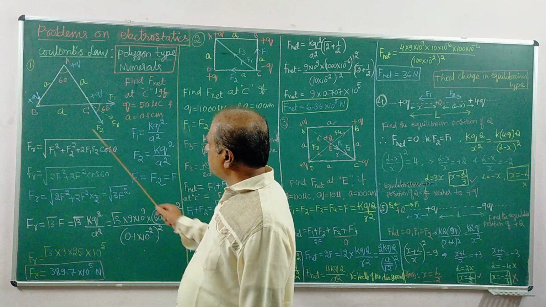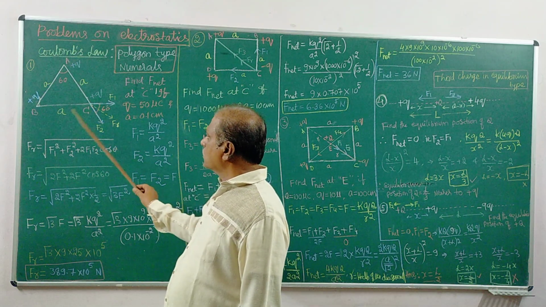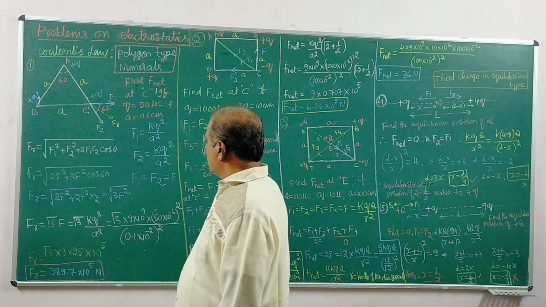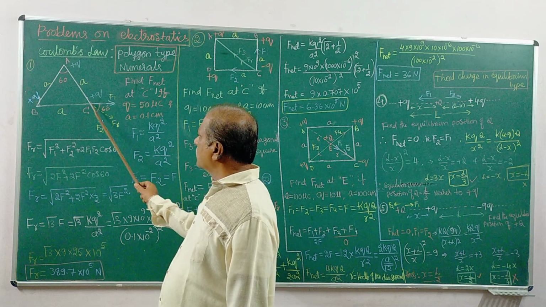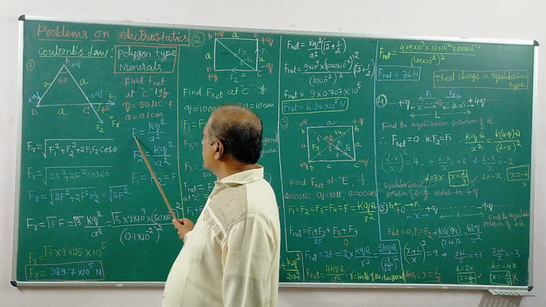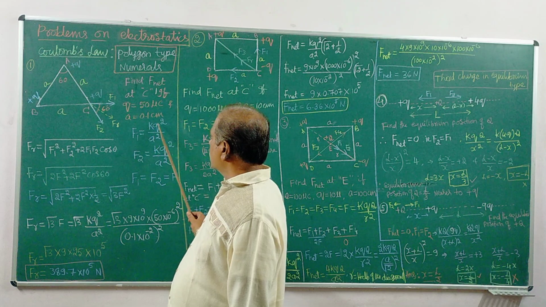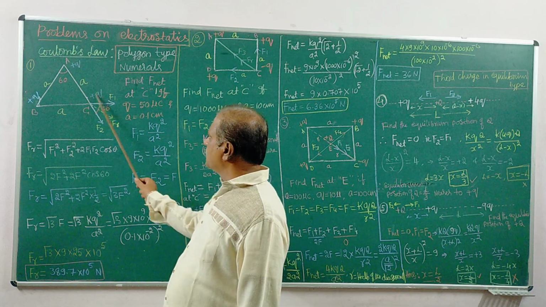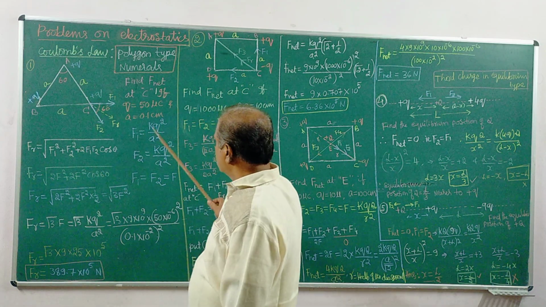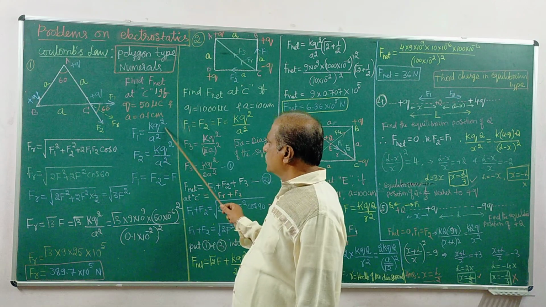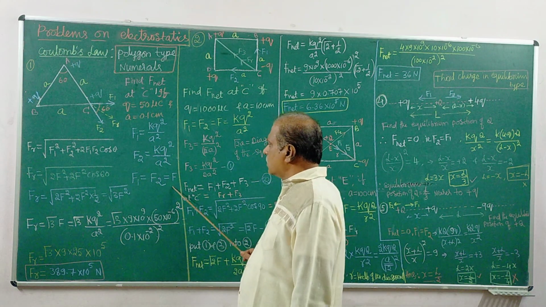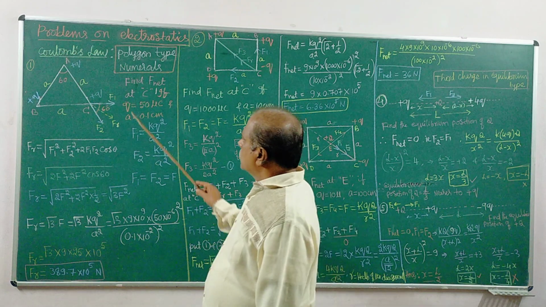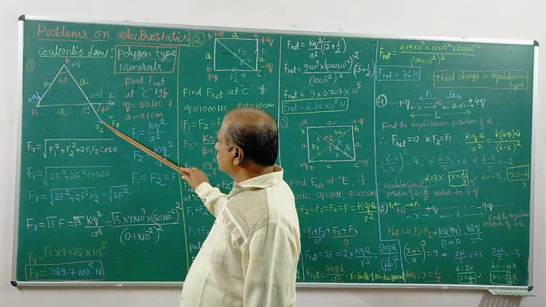The distance of separation is A, since all sides are the same. Similarly, the force of repulsion due to this one is F1, K Q square by A square, because same charges, same length. So F1 equals F2 equals F.